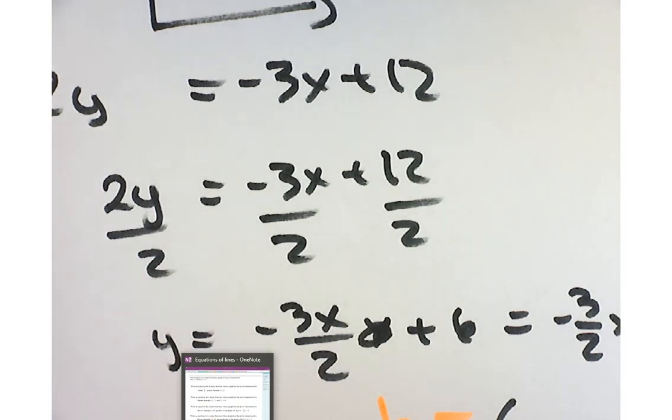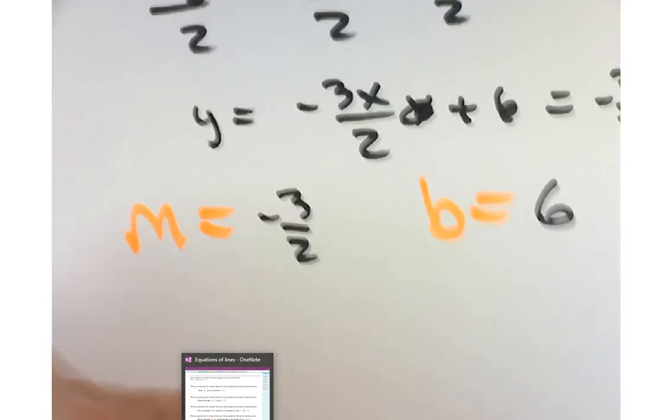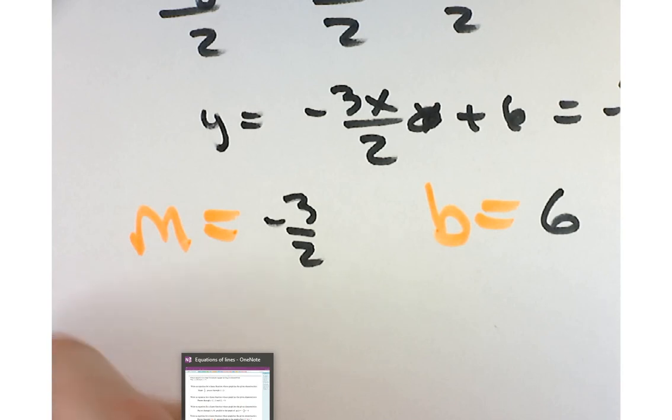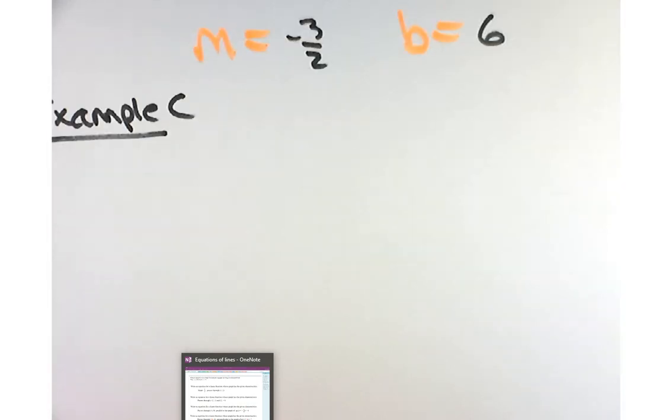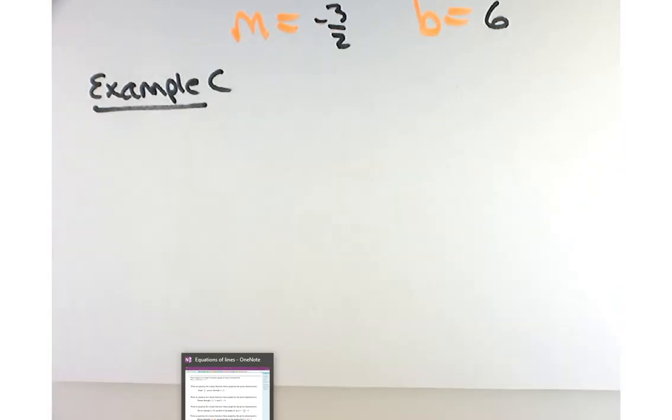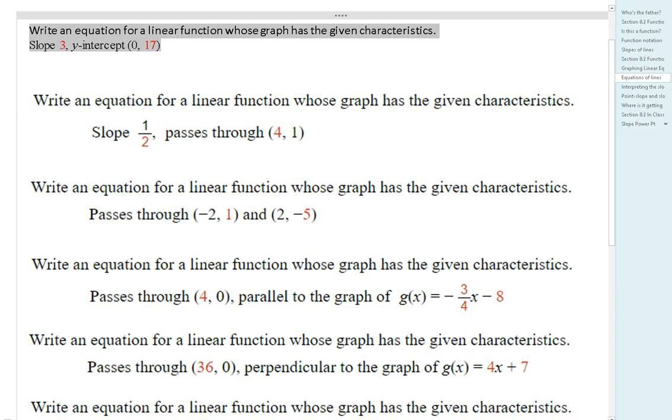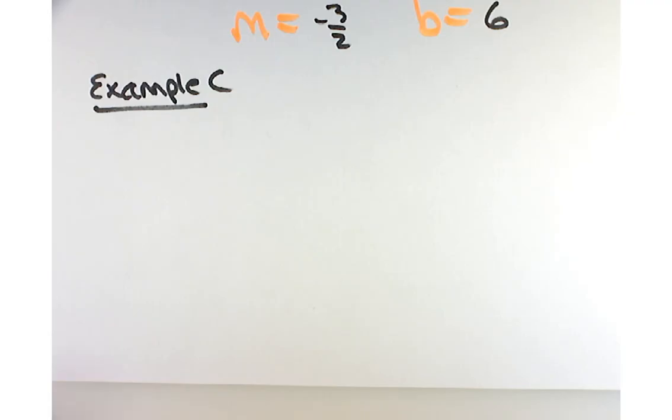Let's see. So let me do, we'll call this example C. And I can zoom out a little bit. We want to find the equation of a line that passes through the point 4 and 1 with a slope of 1/2.